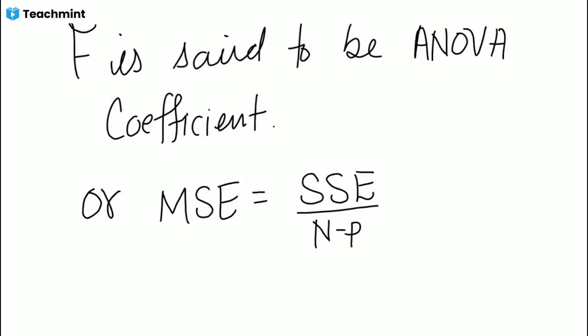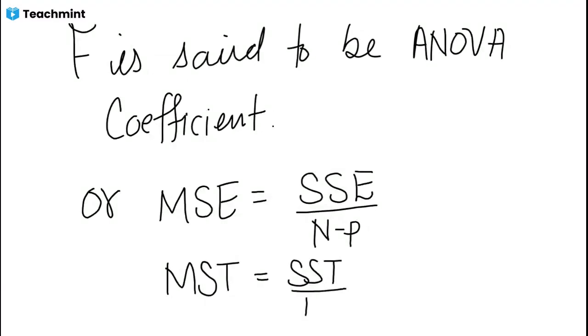And also MST, because sometimes they can give you a direct question to find only F by using these values. This is equal to SST over P minus 1. What are these values?